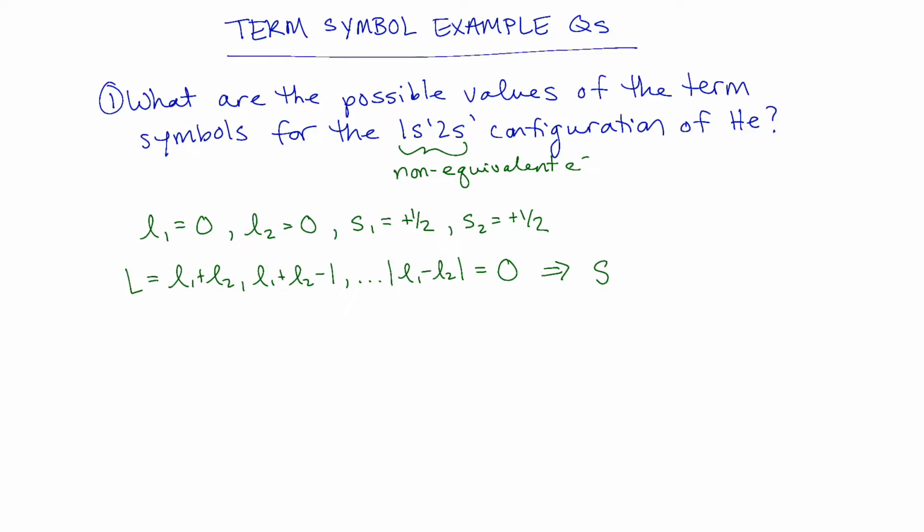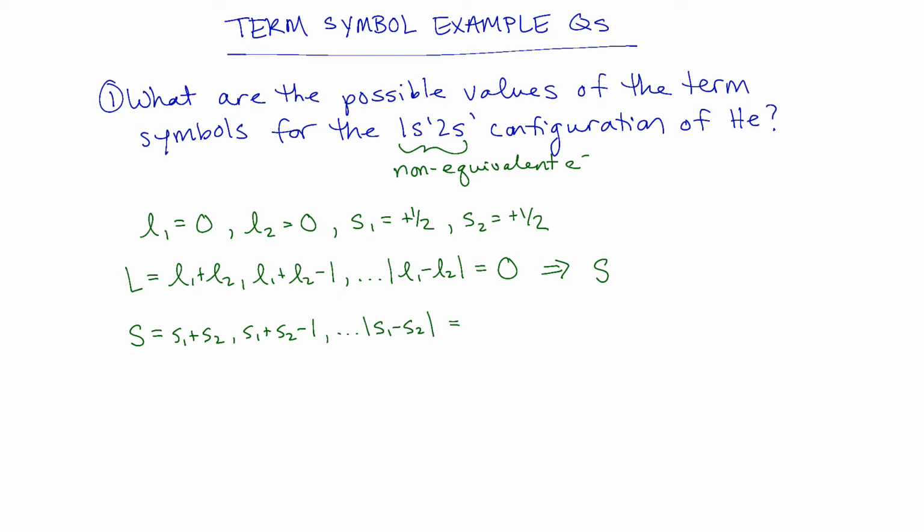Let's see what happens with our total spin angular momentum options. So again, here we want S1 plus S2, S1 plus S2 minus 1, and so on and so forth until we hit S1 minus S2, absolute value.